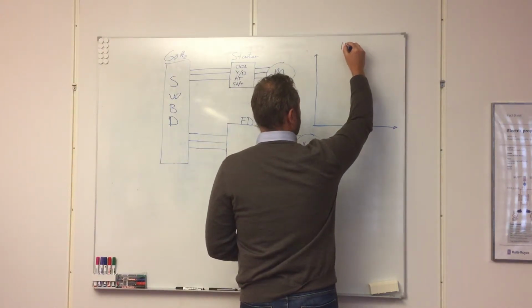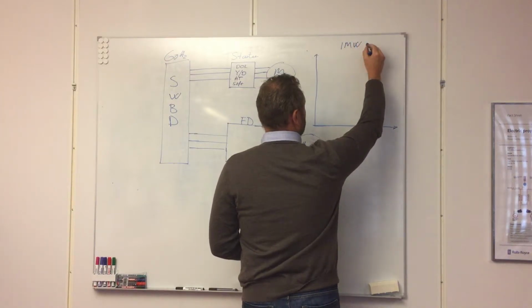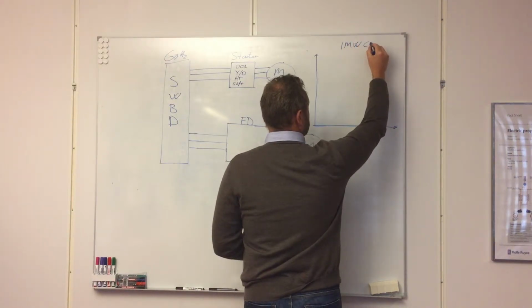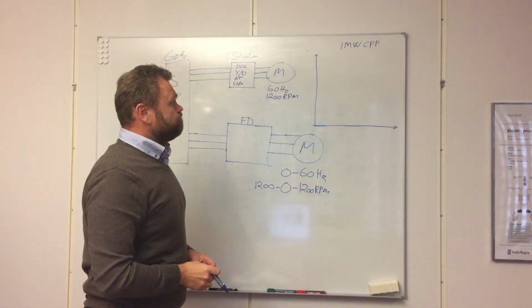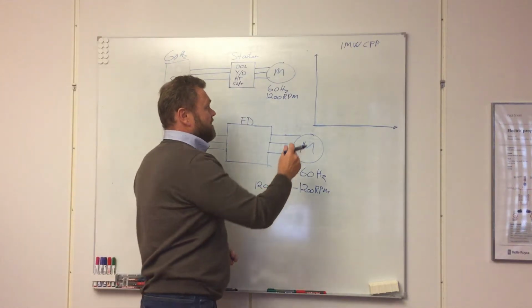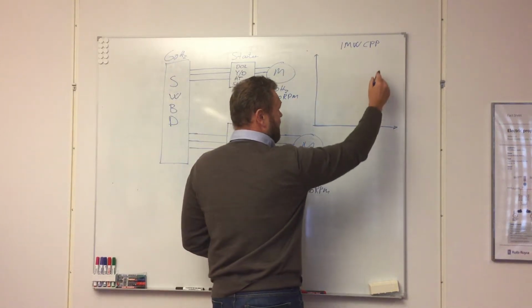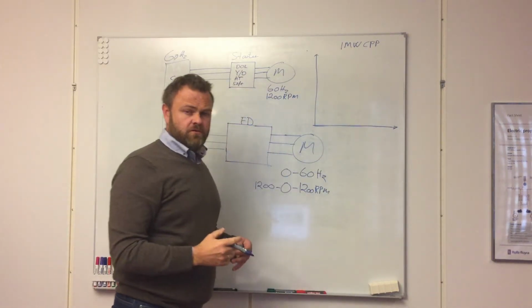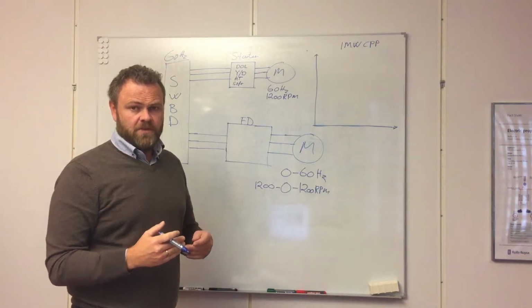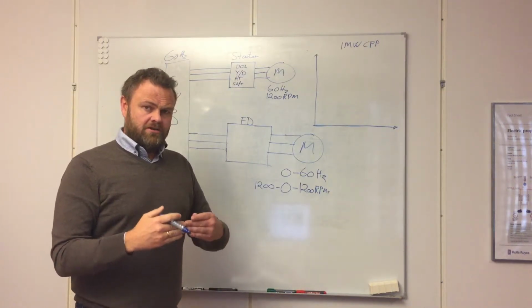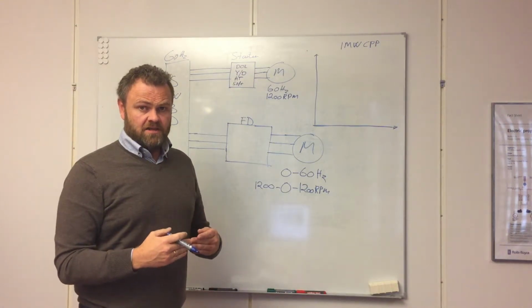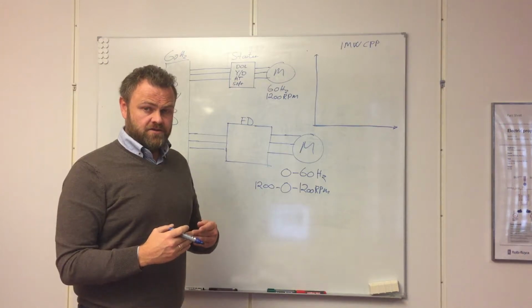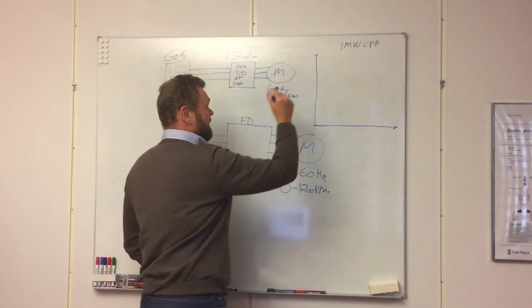So this is a 1 megawatt controllable pitch propeller. The propeller of 1 megawatt will have a curve for the 0 pitch. You may think that a propeller running with 0 pitch does not need much energy. In fact, it does.